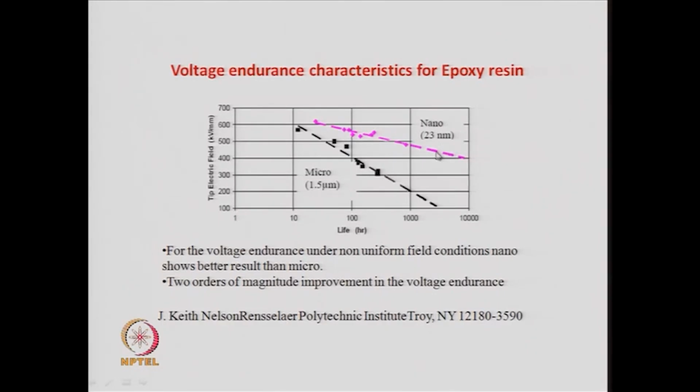So, when you have nanoparticles of 23 nanometers embedded in a polymer, this epoxy resin, it has a much higher electric field as seen here. The electric field decreases with time. So, this is life or time.